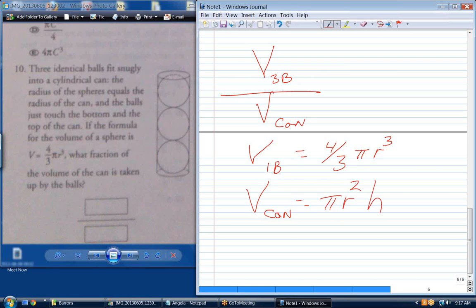Well, we want to get all of our variables the same. This isn't going to help me answer my question until I can get rid of the h. What is h equal to? Preferably in terms of r, because if I can make h a function of r, I can substitute it here and then answer the question directly.